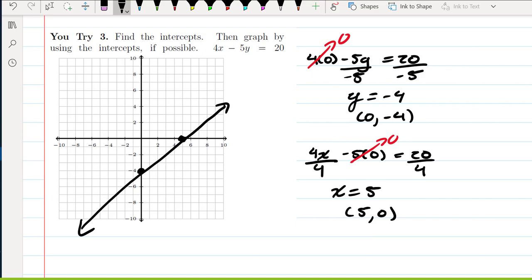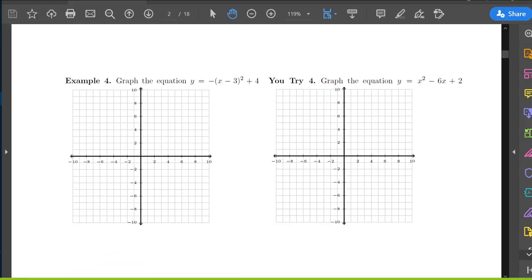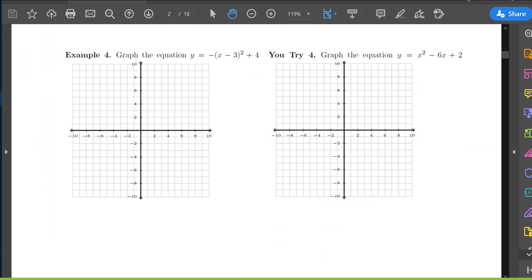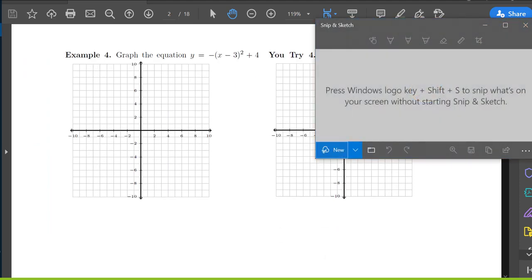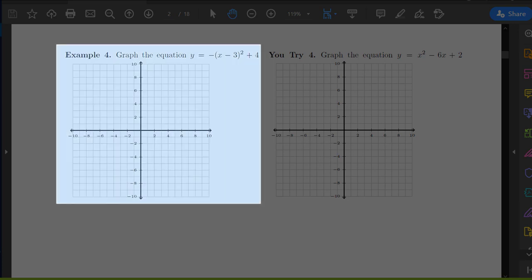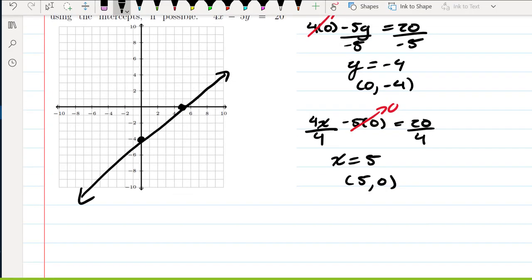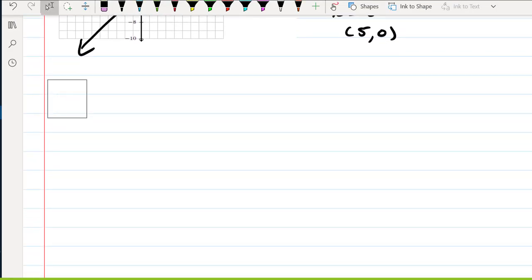So let's go and take a look at our next example. So example 4 says to graph the following equation.